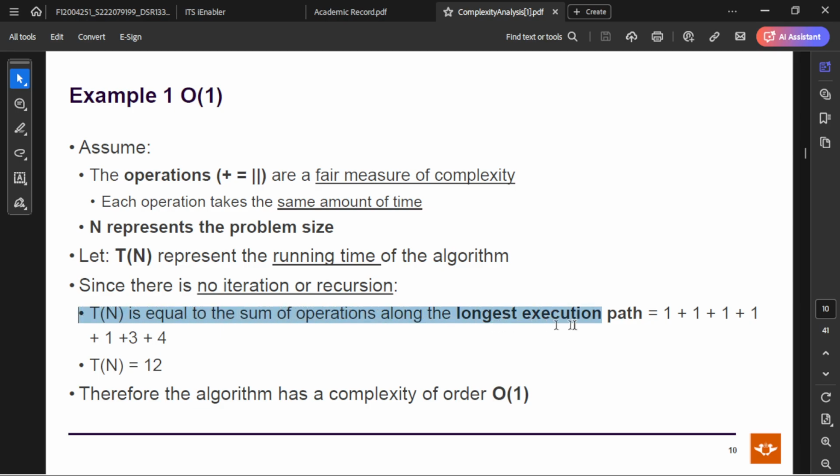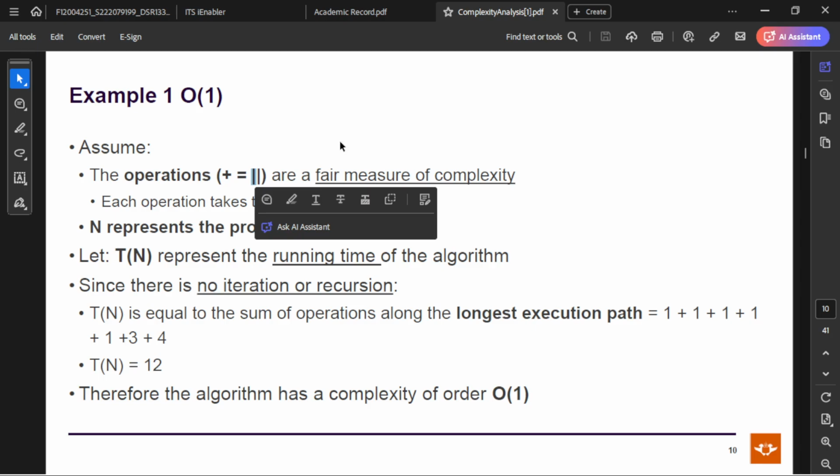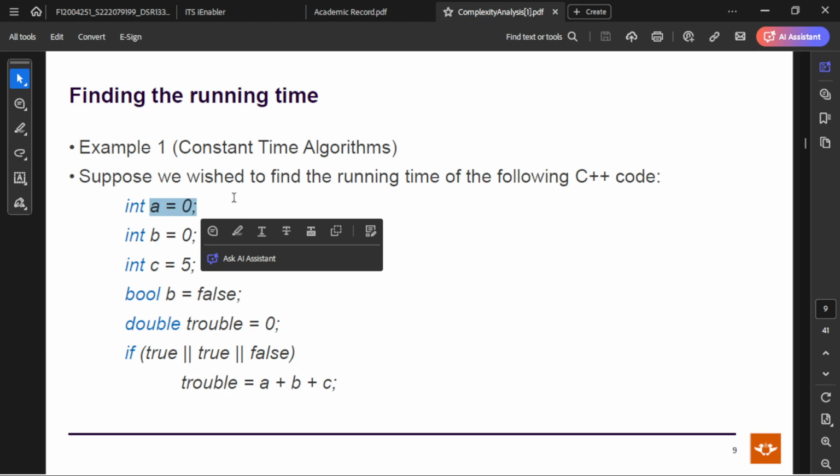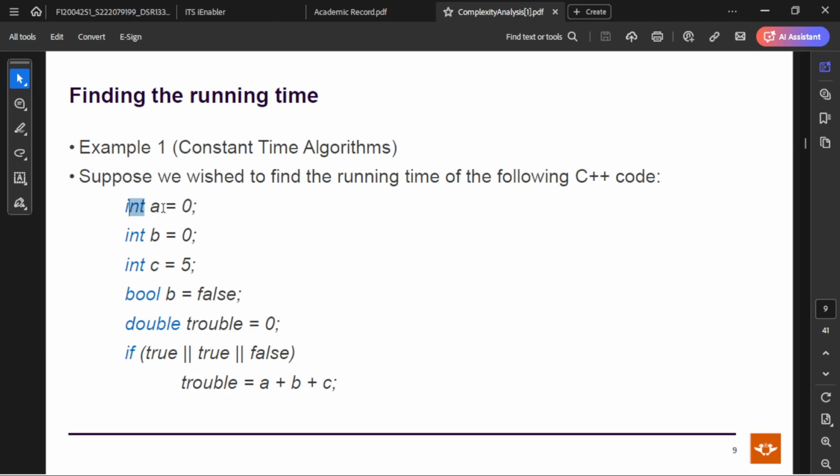Here, as you can see, is where the counts are. They're saying 10 is an equal sum of operations, part 1 plus 1. Where did they take these things? As they said, they're counting when you see a plus sign, an equal sign, and an or sign. Already here you see an equal sign. They didn't include a declaration. I did say that it depends on the assumption.